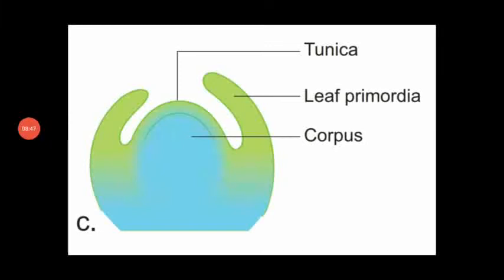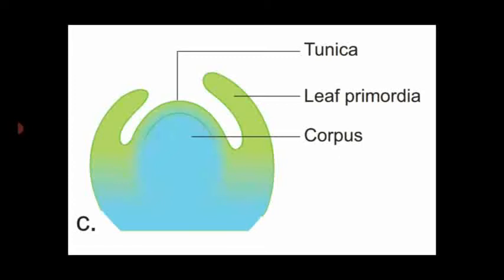Dear students, see the diagram. This is the tunica corpus theory diagram. The entire structure is the shoot apex. The outermost layer, which is light green in color, the side portion is said to be leaf primordia. That means only that zone gives rise to leaves.